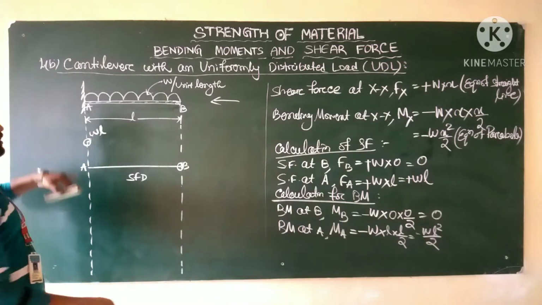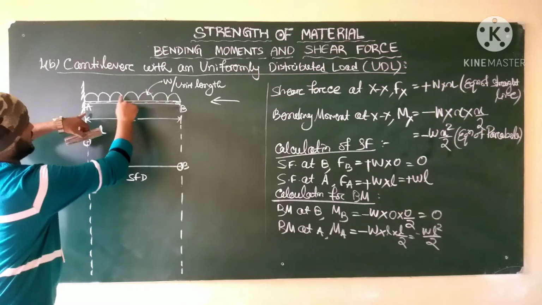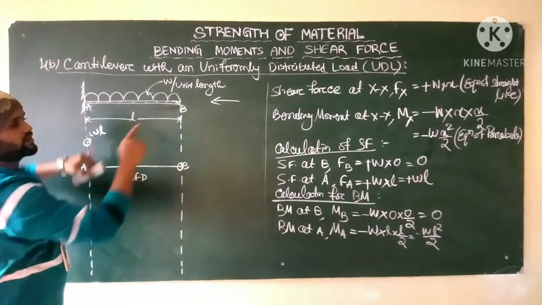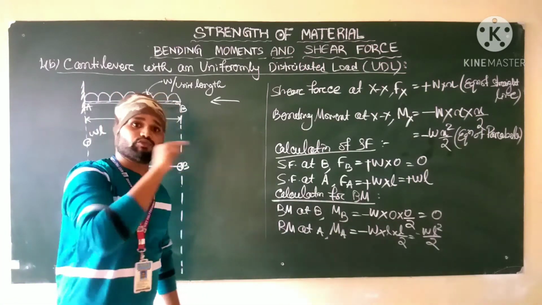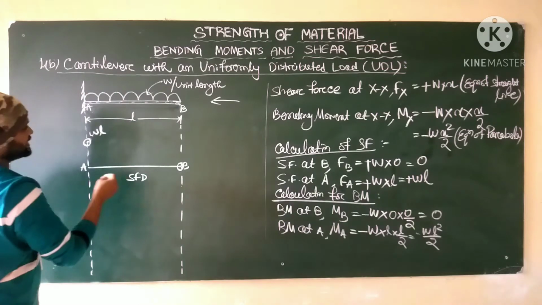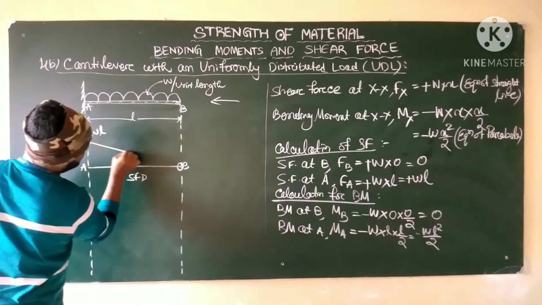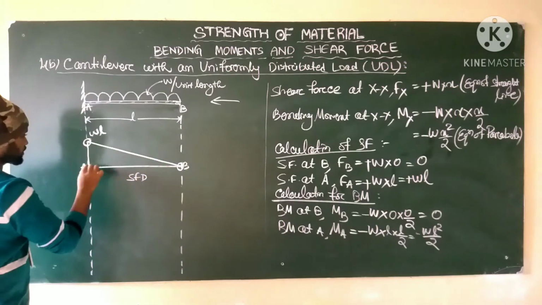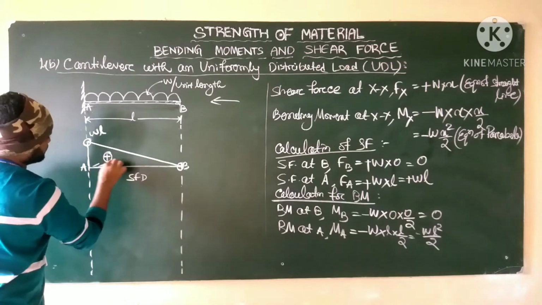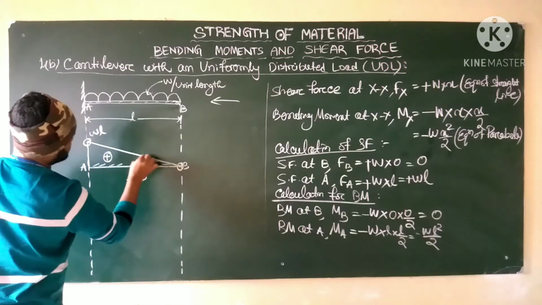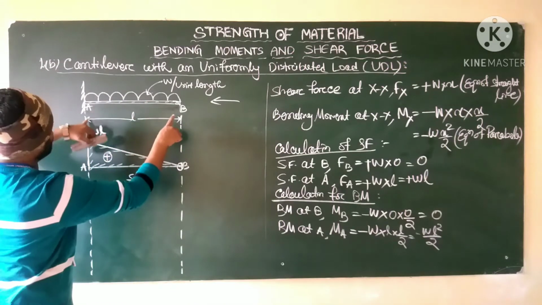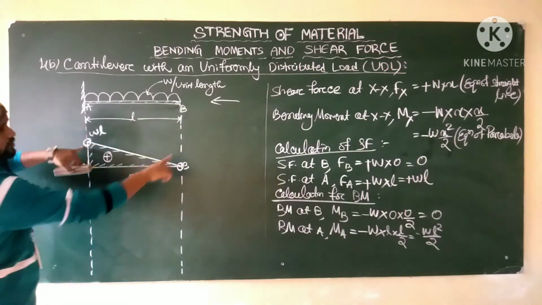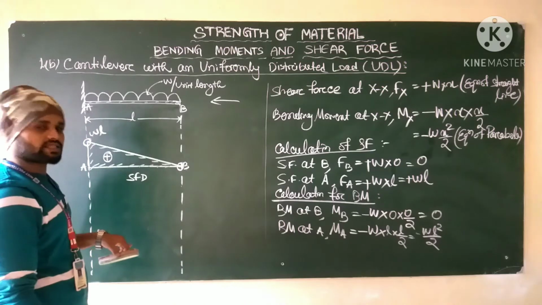Now see, if there is a UDL between 2 points, then the shear force line is an inclined straight line. Previously we have studied that the shear force line is an inclined straight line. Make hatching. So if there is a UDL between 2 points A and B, then the shear force line will be an inclined straight line.